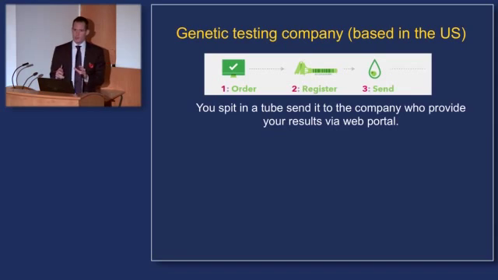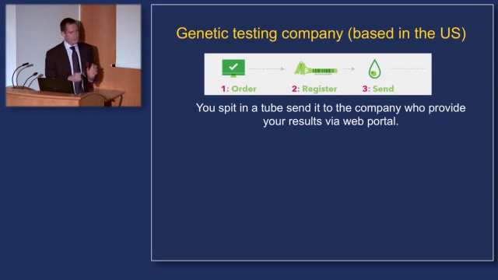I'm going to tell you a bit about that as an example to drive home the fact that what's really possible now is quite cheap and quite effective, and to raise some of the issues around what the consequences might be, therefore, to the individual, and bringing this into healthcare. So how do these companies work? Well, you go on the web, you Google for them, and you'll find a whole bunch of them.